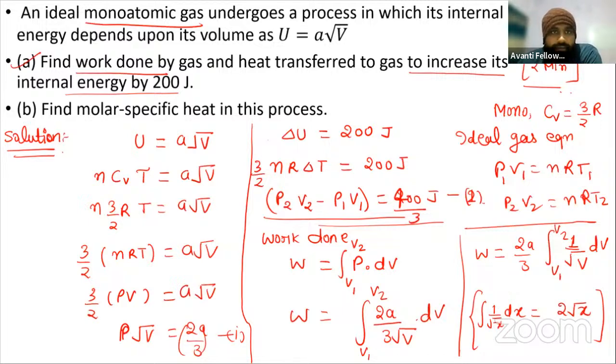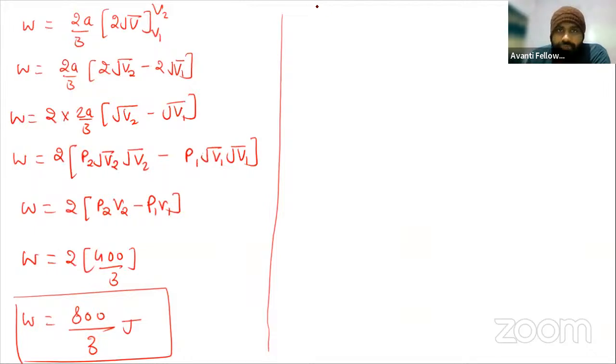Now the second question is to find the molar specific heat in this process. What is molar specific heat? We know that Q is equal to nC delta T. Now, we don't know the value of Q, but why should we worry?